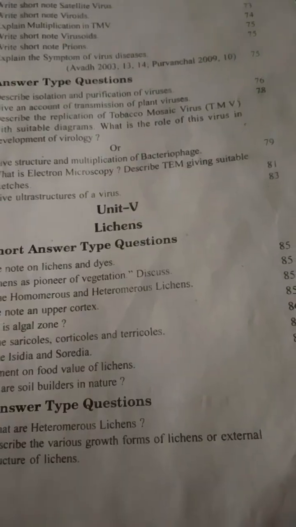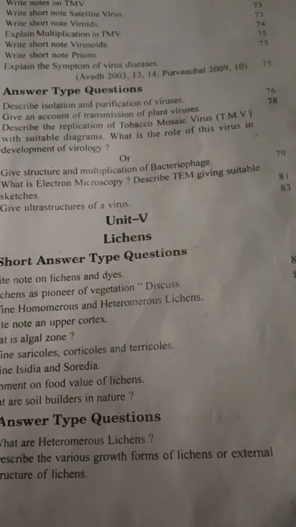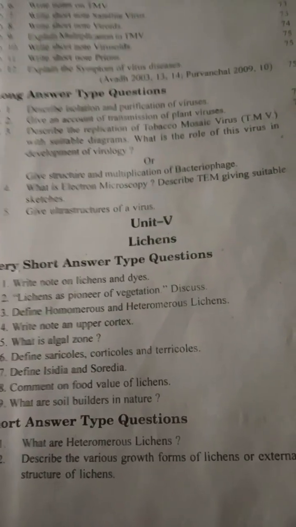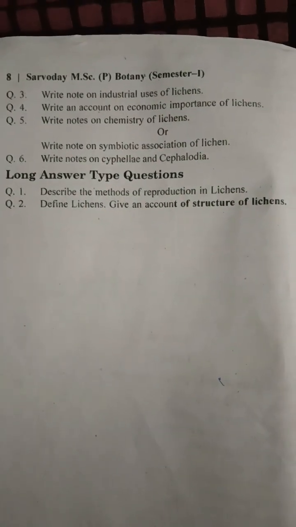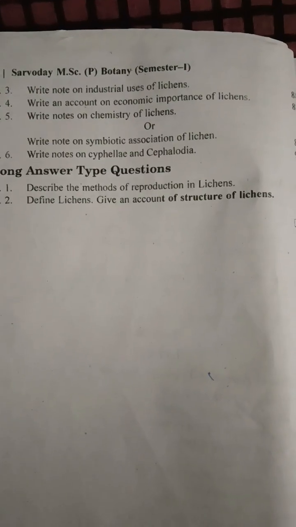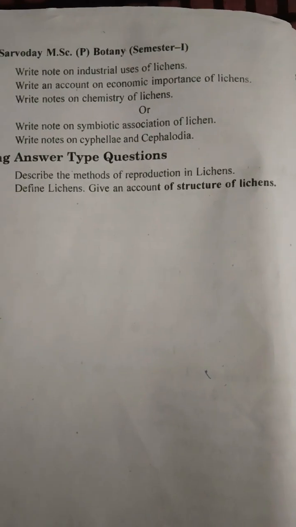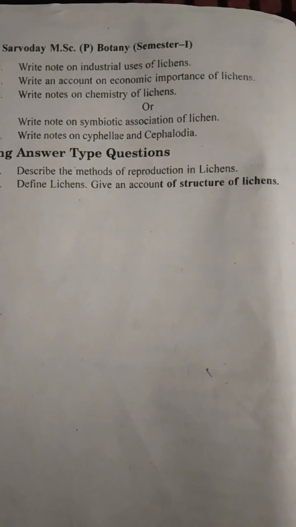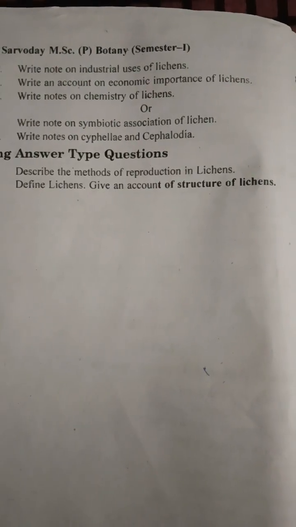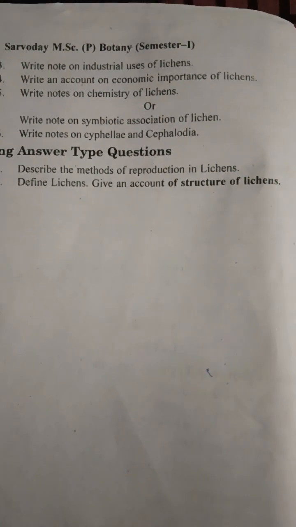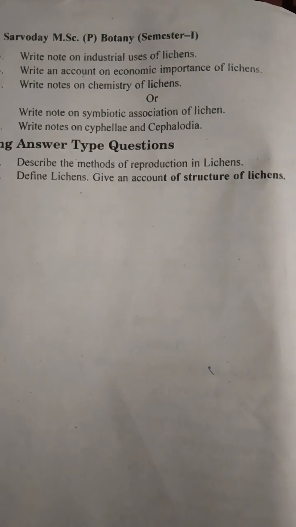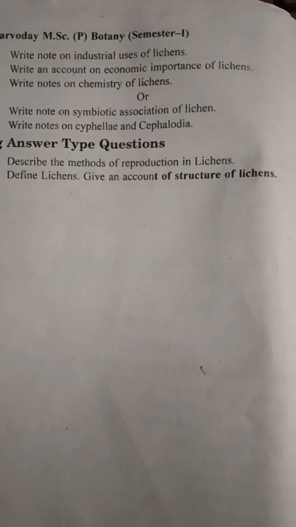What are heteromerous lichens? Describe the various growth forms of lichens and the external structure of lichen. And the last page: write a note on industrial uses of lichen, an account of economic importance of lichen, notes on chemistry of lichen, notes on symbiotic association of lichen, notes on soredia and cephalodia.